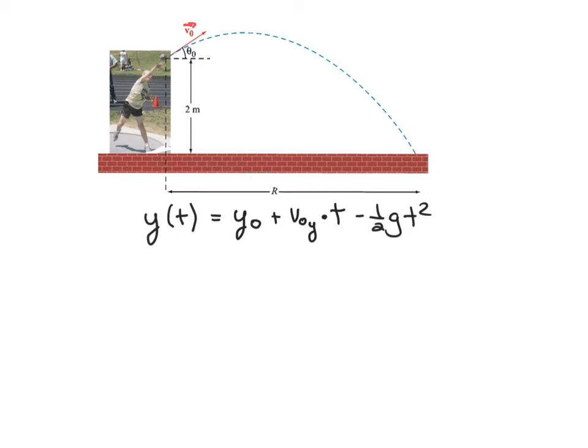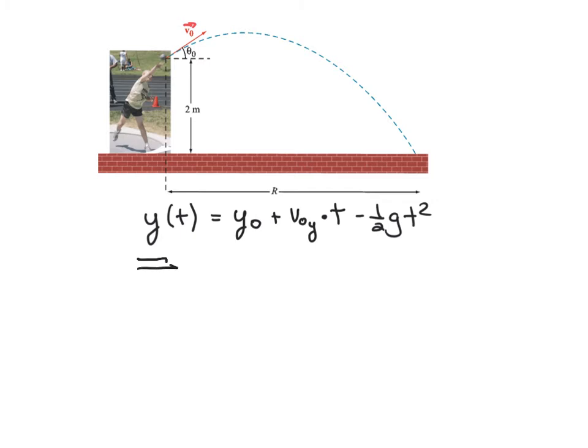And the flight is, of course, going to end when the y coordinate, where we're calling y equals 0 the ground level here, ends up being 0. That's here.